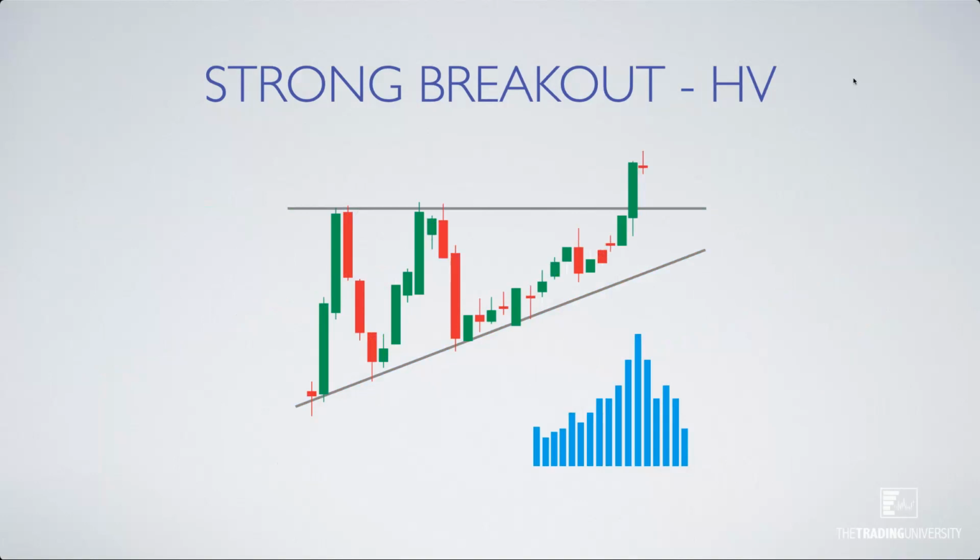So if we're looking at an ascending triangle, this is a strong breakout on high volume. And what tells you that? Well, the candle, the volume, and the breakout level all give you a strong signal that you've got the push up and through that you wanted. As you can see, the little doji candle I've put in there, because the next slide will also have the same doji, but it'll show what a weak breakout is.